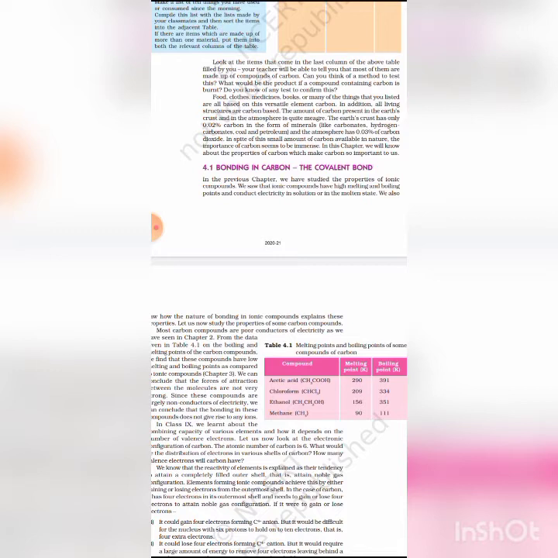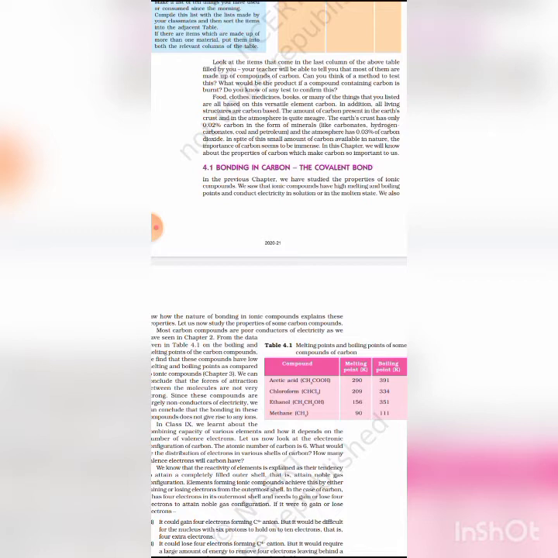Carbon has 4 electrons in its outermost shell, and needs to gain or lose 4 electrons to attain noble gas configuration. So if carbon were to gain 4 electrons, forming a C4 minus anion, it would be difficult for the nucleus with 6 protons to hold on to 10 electrons.